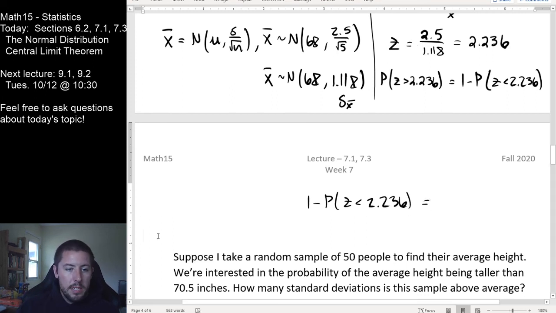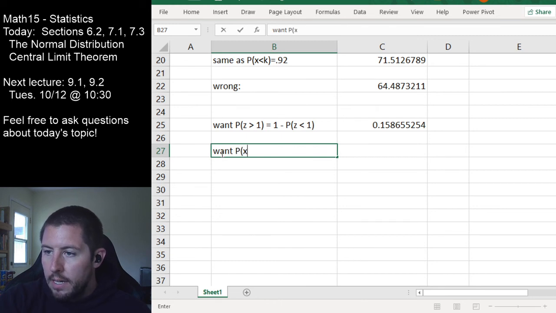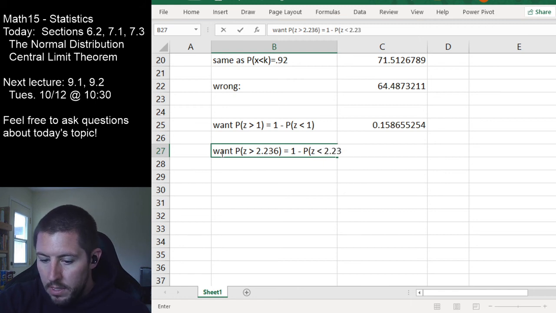So I'm going to pop over to Excel, do this guy here. In Excel, we now want the probability that z is greater than 2.236, which is equal to 1 minus the probability that z is less than 2.236.